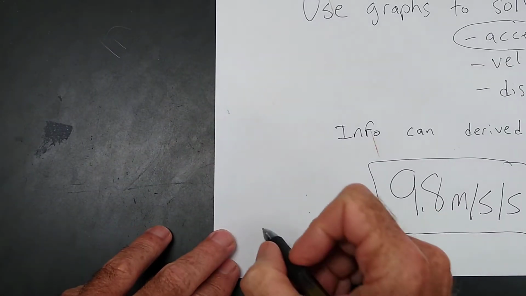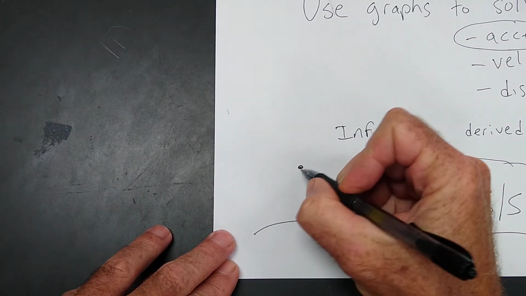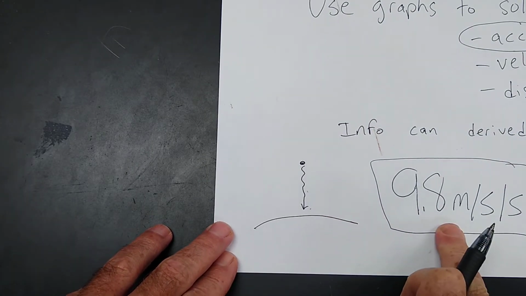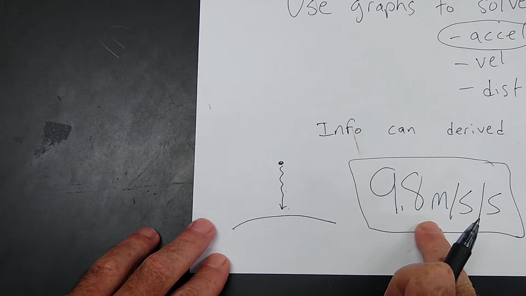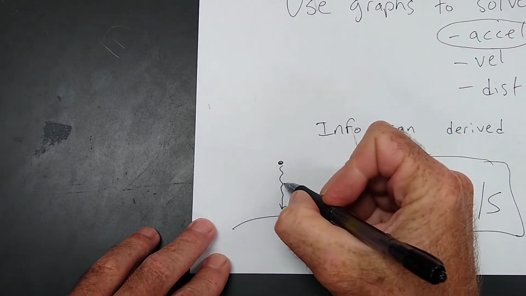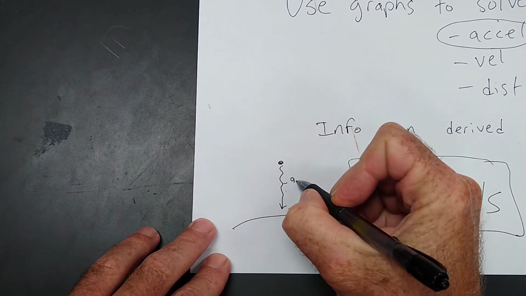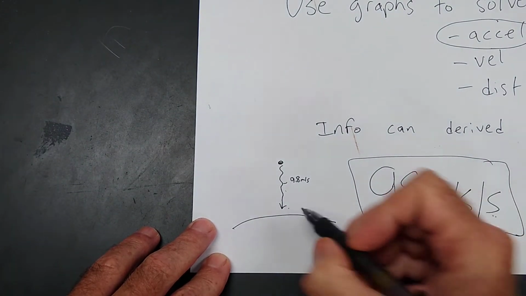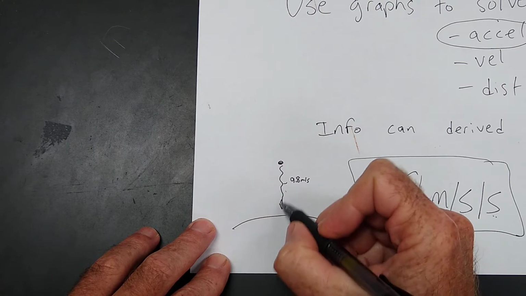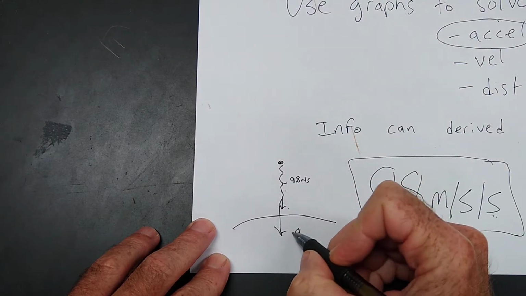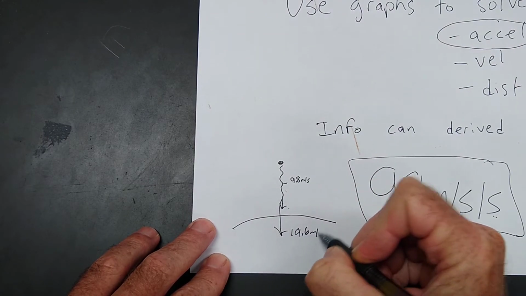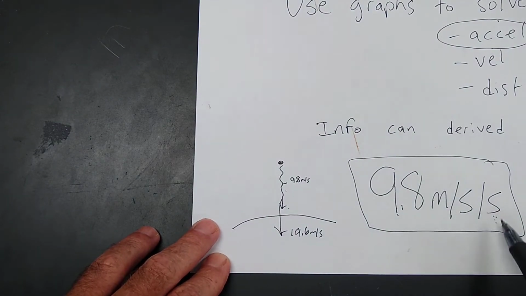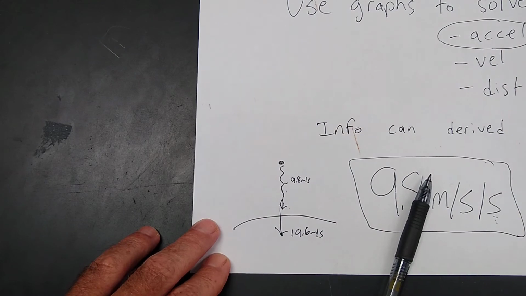So an object that is near the surface of the earth, if you drop it, it will begin accelerating towards the earth at 9.8 meters per second squared. In other words, after 1 second of falling, it'll be going 9.8 meters per second, and then another second later, it'll add another 9.8 to that, and it'll be going 19.6 meters per second. So you increase by 9.8 meters per second every second. That's how gravity works.